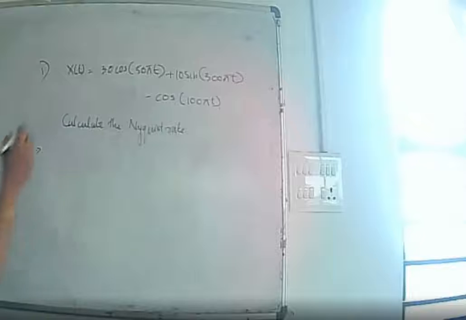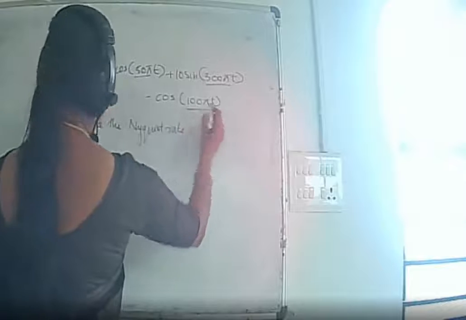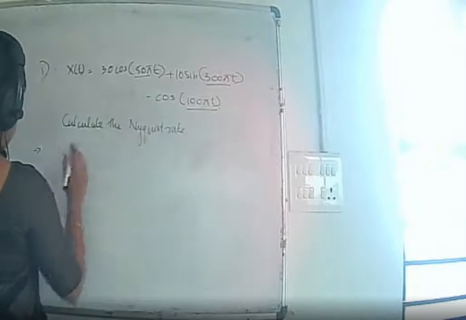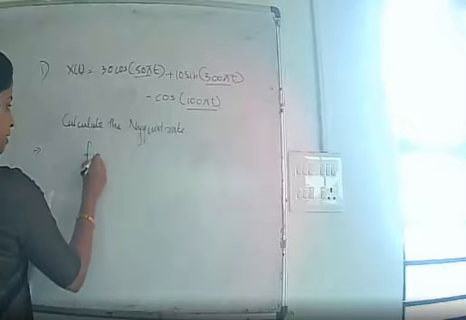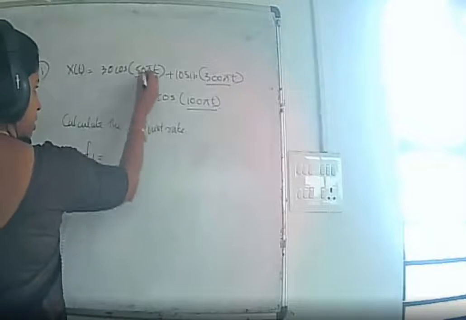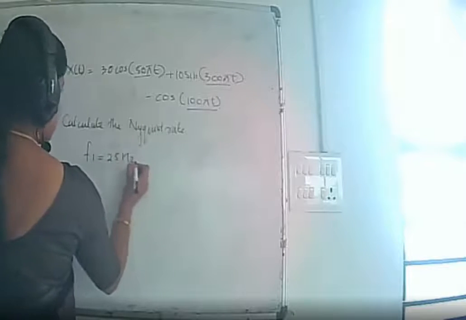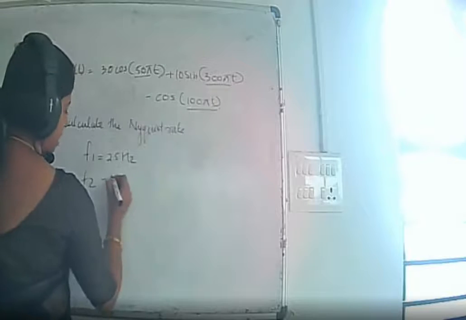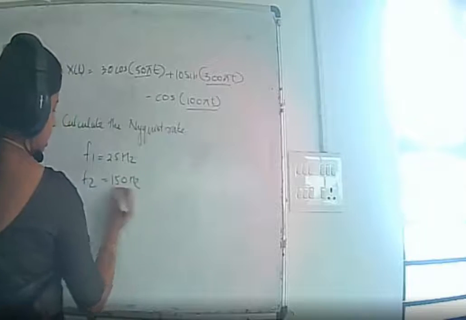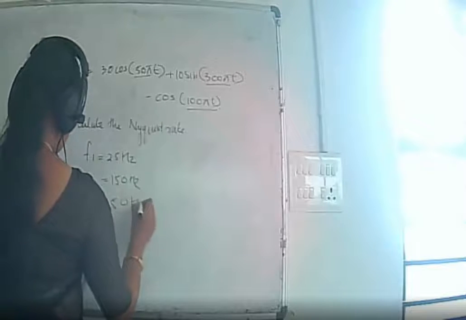Here we have 50 pi t, 300 pi t and 100 pi t. So the frequency components are f1, which is half of 50, that is 25 hertz, f2, which is half of 300, that is 150 hertz, and f3, which is 50 hertz.